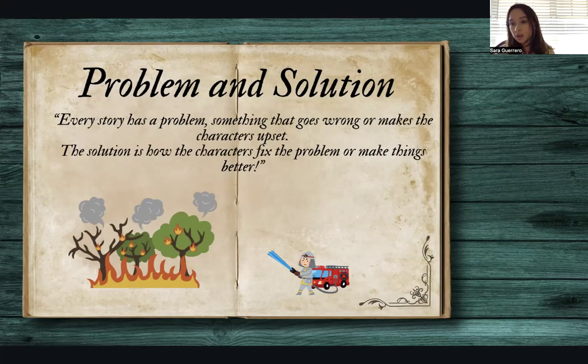The prince was out looking for her. There were so many things going on. So it could tip you off, but the main problem was what? That the witch wanted to kill Snow White, put her to sleep with an evil spell. And the solution was that the prince came and he saved her.